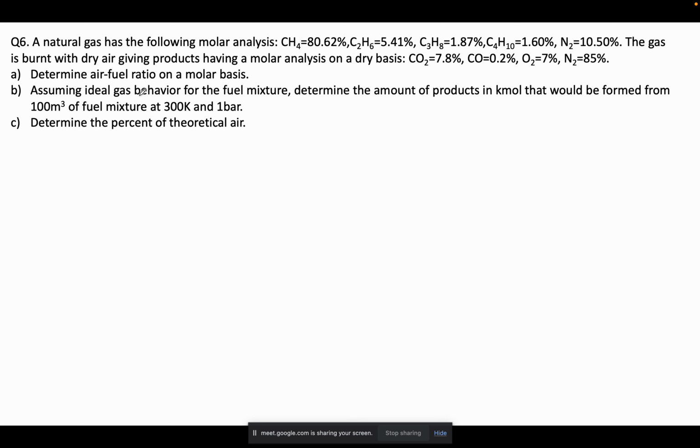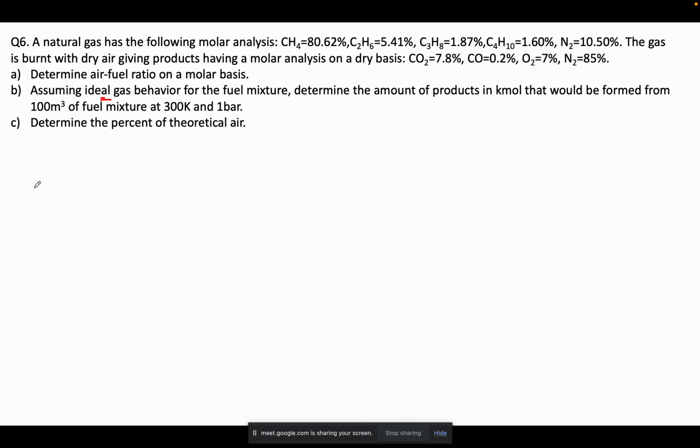Okay, now you have to determine the air fuel ratio based on a molar basis. Then you have to calculate the amount of product in kilomole that would be formed if this is the volume of the fuel mixture, and temperature and pressure is given, and you have to assume that the fuel is an ideal gas. Then you have to determine the percentage of the theoretical air that is required.